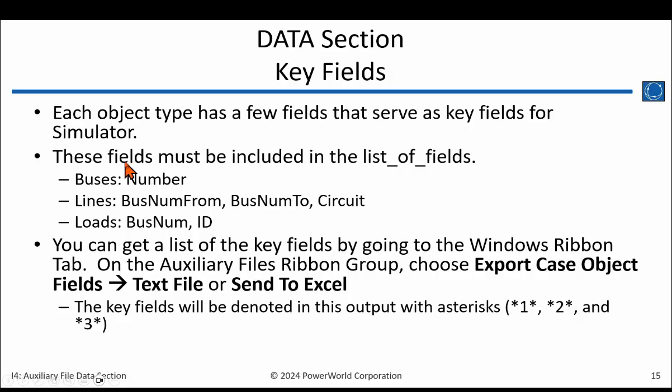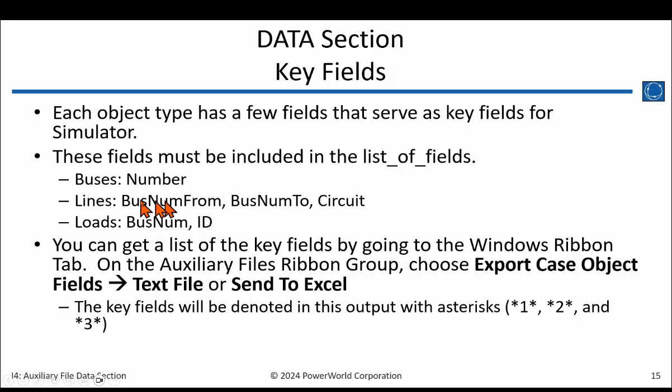So for things that are buses or things that descend from buses, like loads and generators and transmission lines that have a from bus and a to bus, the key field is normally going to be the bus number. And then if it's one of those other objects that descends from buses, the bus number will be part of a multi-field key. So, for example, with loads, you have the bus number and the load ID.